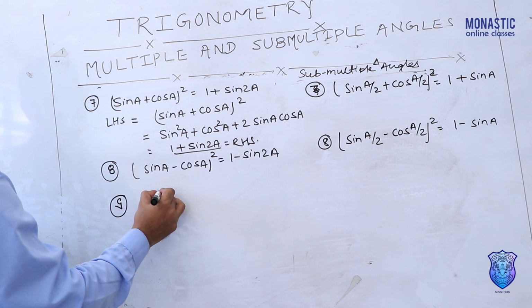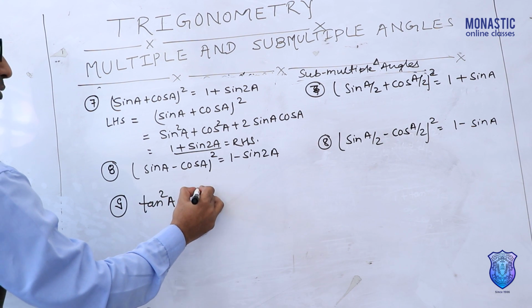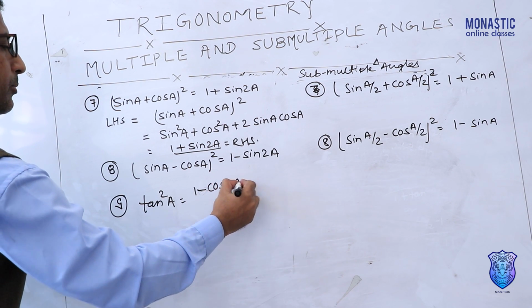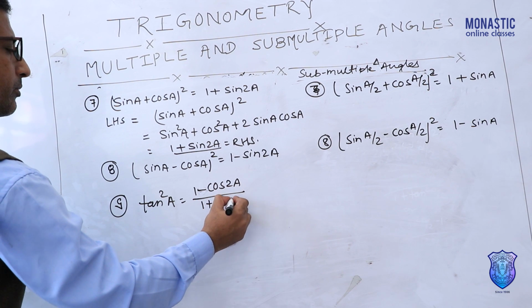Tan squared A equals 1 minus cos 2A by 1 plus cos 2A.